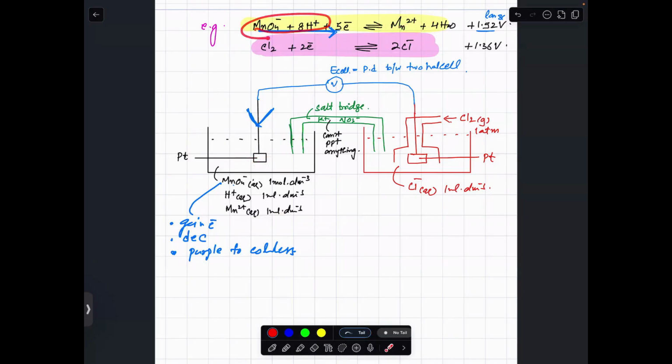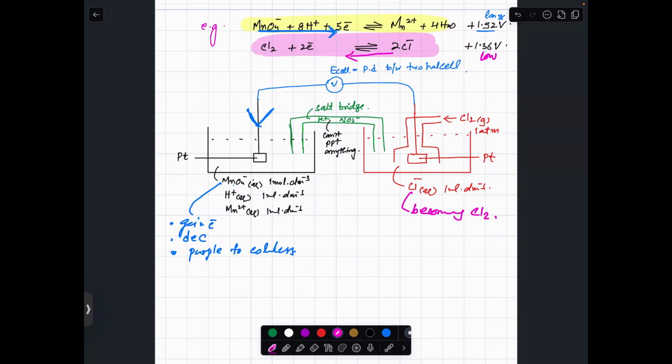Now next. If this one is gaining electron, definitely which one is losing electron among these two? The one with the low E0. So this one is losing electron. Chloride is becoming what? Chlorine. Am I right?